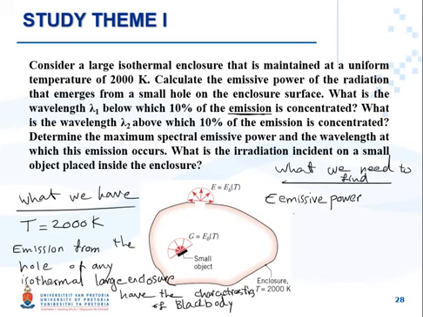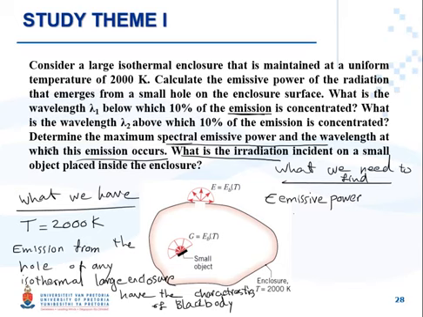The other thing it is asking is the maximum spectral emissive power and the wavelength at which this emission occurs, so Wien's displacement law, and it is also asking for irradiation. Okay, so we have a lot to calculate here.